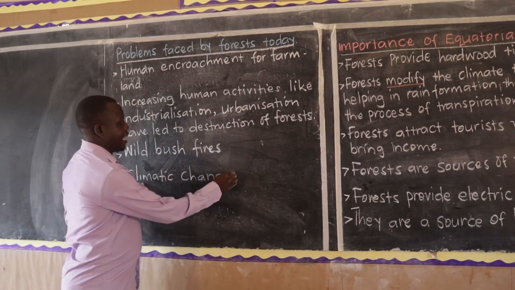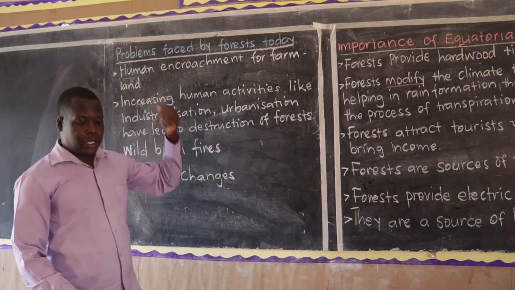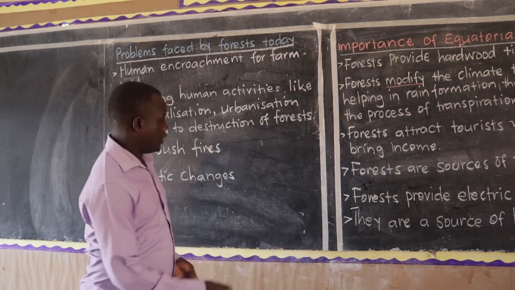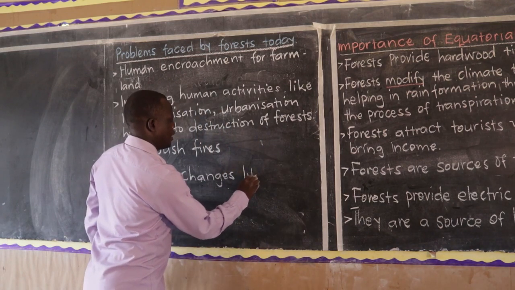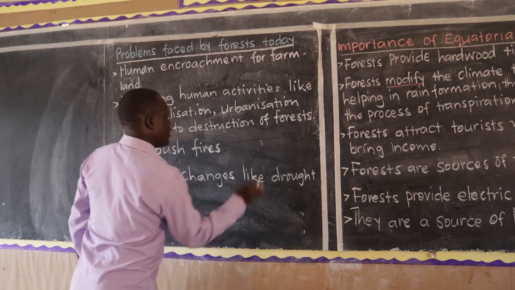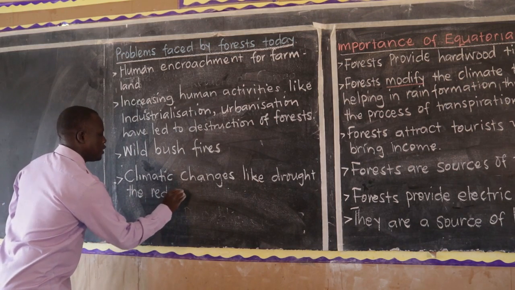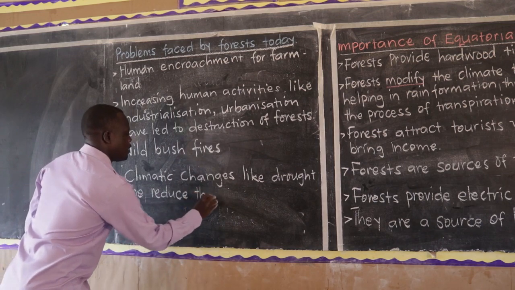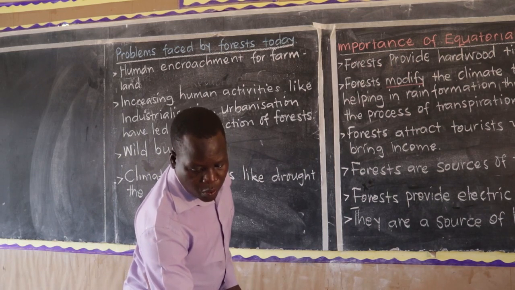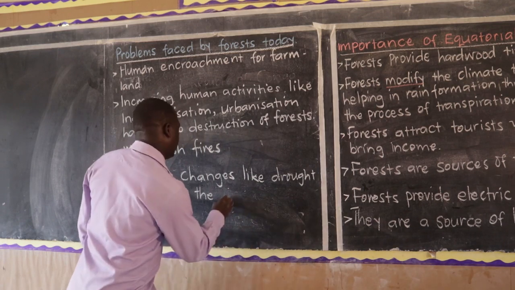Climatic changes. How do climatic changes become a problem to these forests? We have climatic changes like drought that reduce the growth of these forests, or the expanse of these forests.